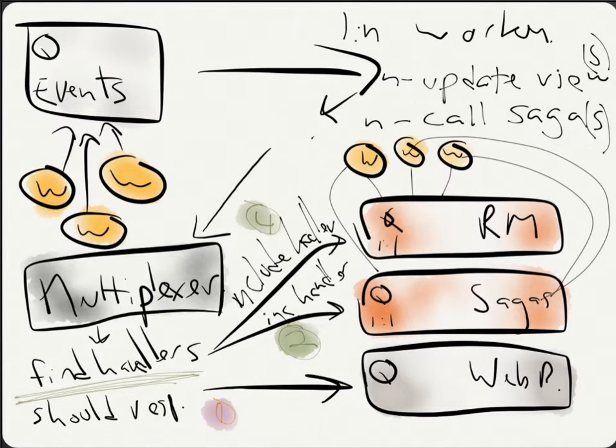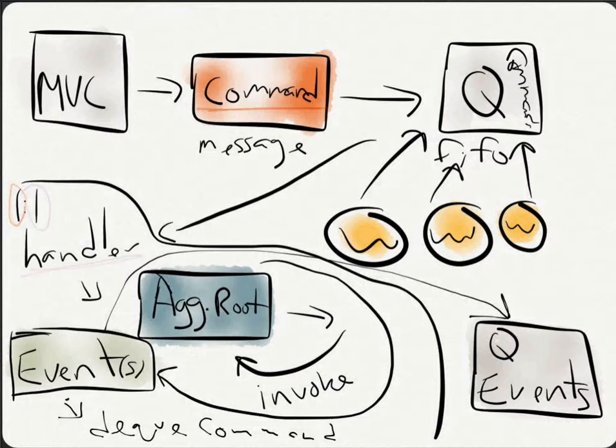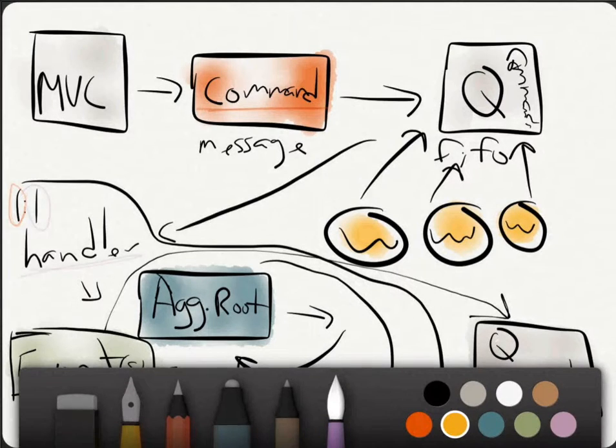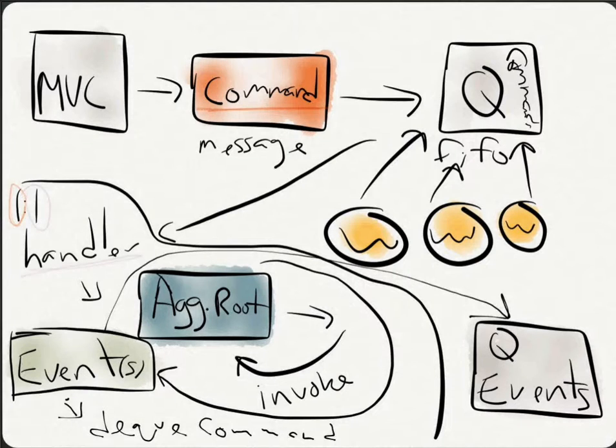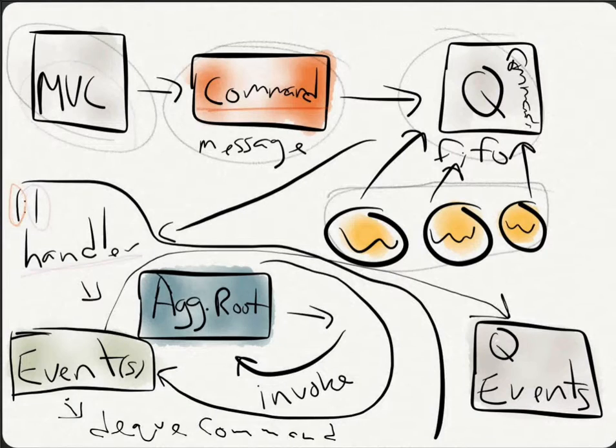So the gist of it is, here's CQRS in a nutshell. We start out with MVC, then MVC makes a command, then the command goes on the queue and gets picked up by one of these workers. The worker goes and finds a handler. There's a one-to-one relationship between the handler and the command.